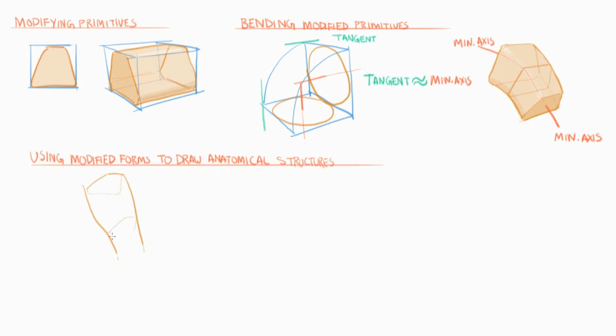So here I'm creating a similar shape that's going to be representative of the leg. And now as it turns towards that lower leg, the minor axis is shifting its orientation.